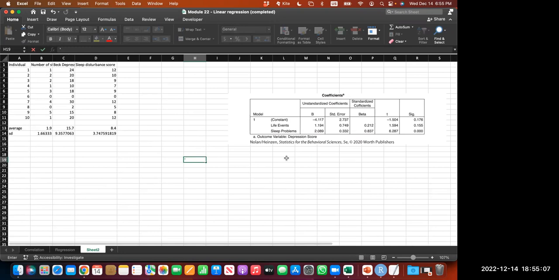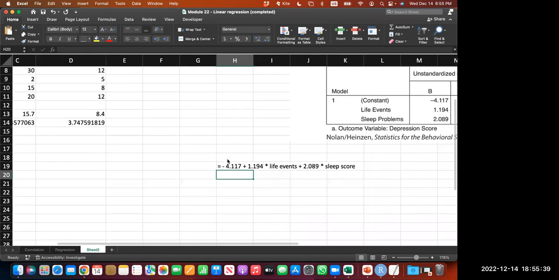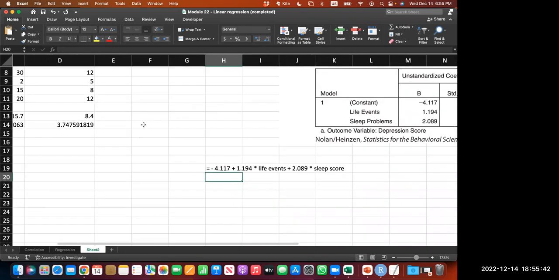And in essence, the formula to predict your dependent variable will be minus 4.117 plus 1.194 multiplied by your life events plus 2.089 multiplied by your sleep score. So this is the formula that basically will allow you to predict your dependent variable. So this is how you calculate your depression score.